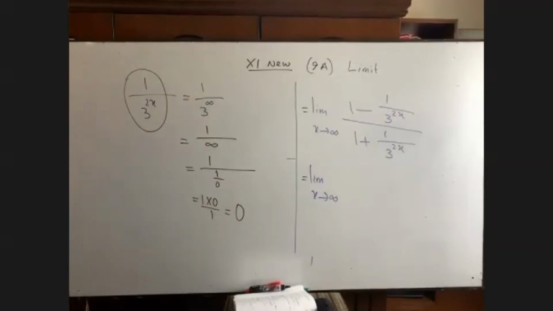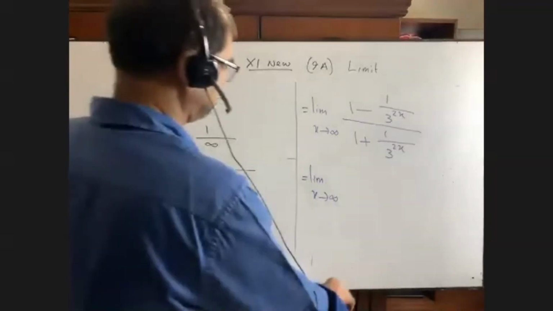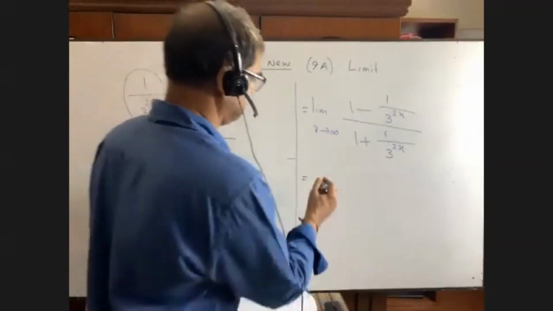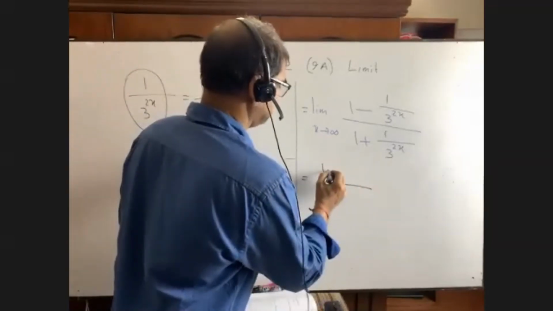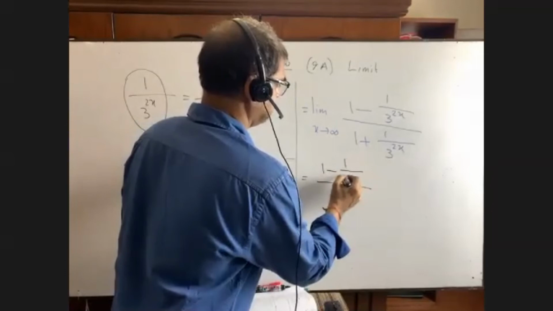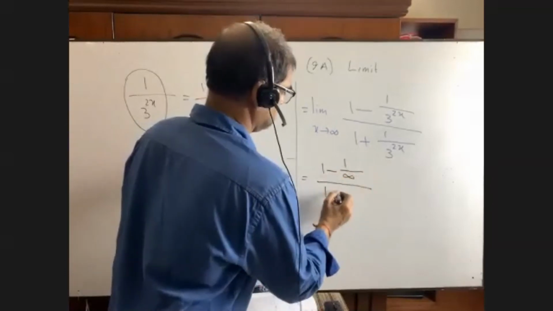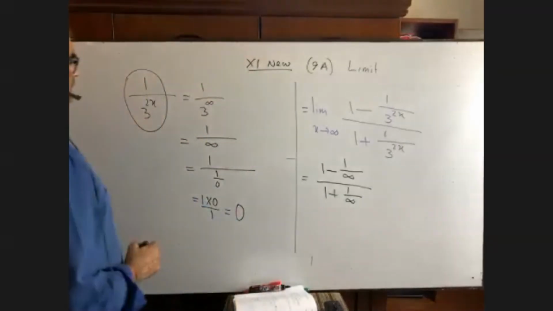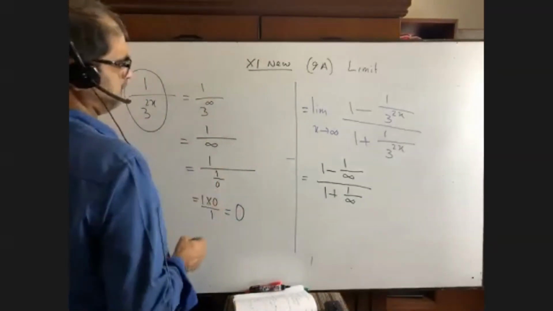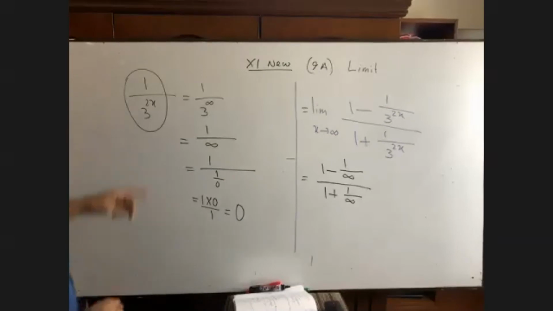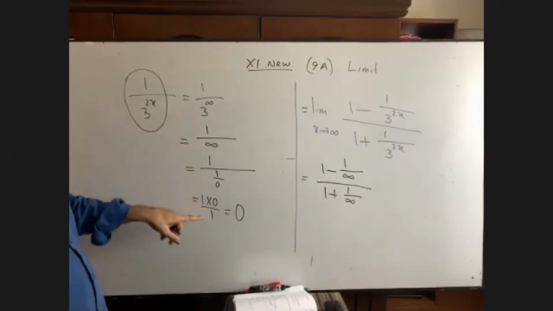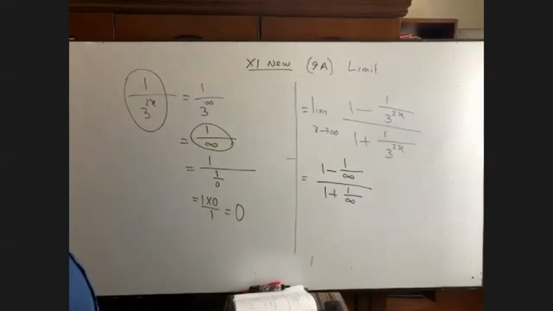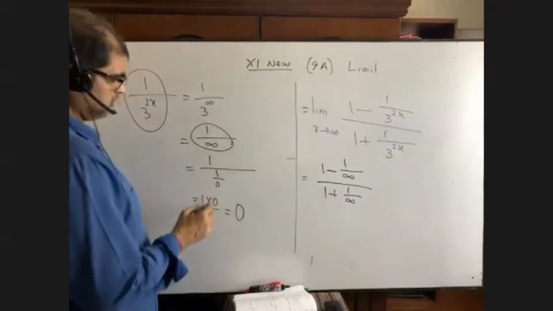Okay. So we can write here in this math, 1 minus 1 by infinity over 1 plus 1 by infinity. If you don't get, I can show you again. 3 to the power 2x means what? 3 to the power 2x means infinity, so 1 by infinity, and 1 by infinity equals to what? 0.